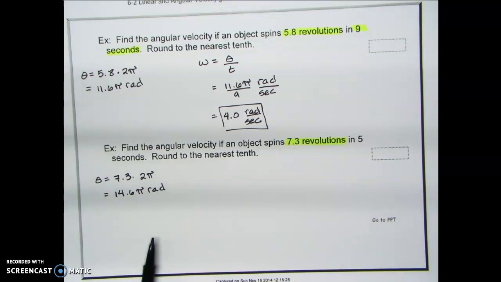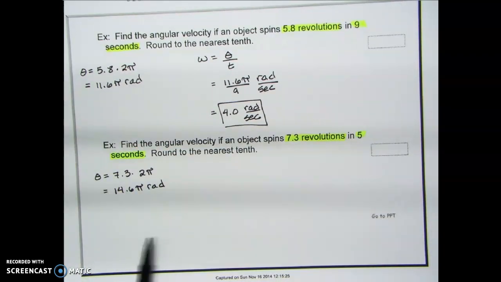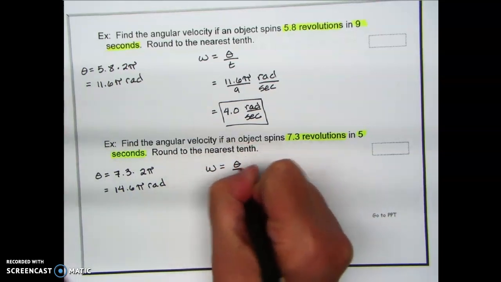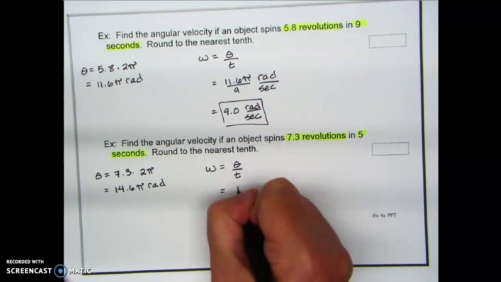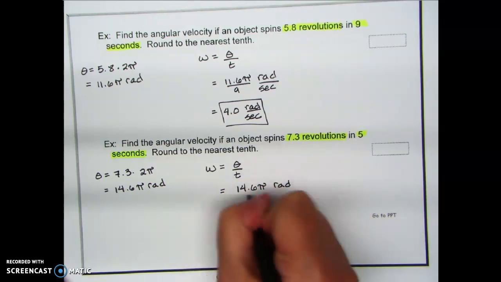Then it also told me I did that in 5 seconds. So that means my angular velocity is going to be theta over time. So it's 14.6 pi radians over the time of 5 seconds.